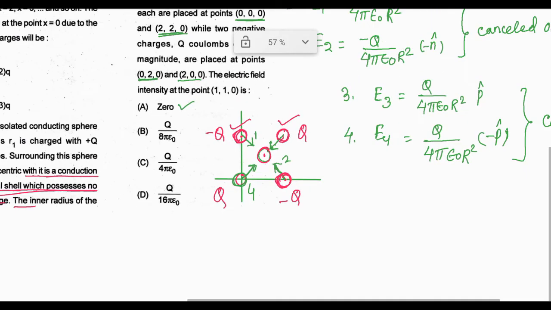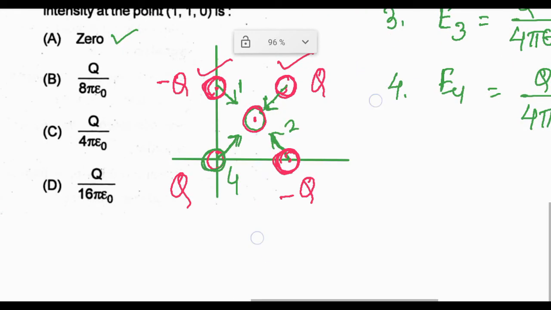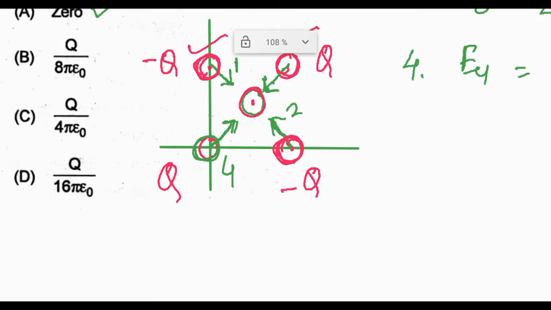Suppose I am explaining theoretically here, what will be the direction of electric field for this charge? Due to the negative charge, the direction will be like this.